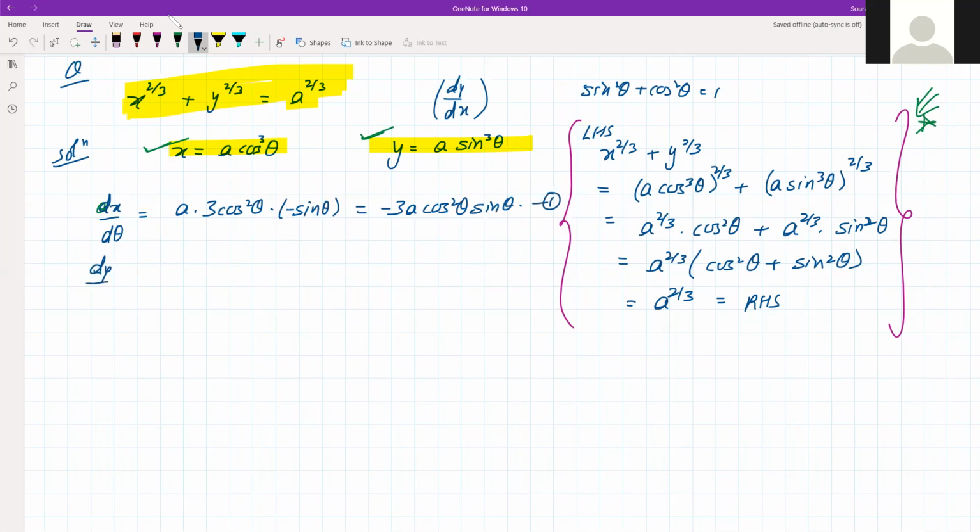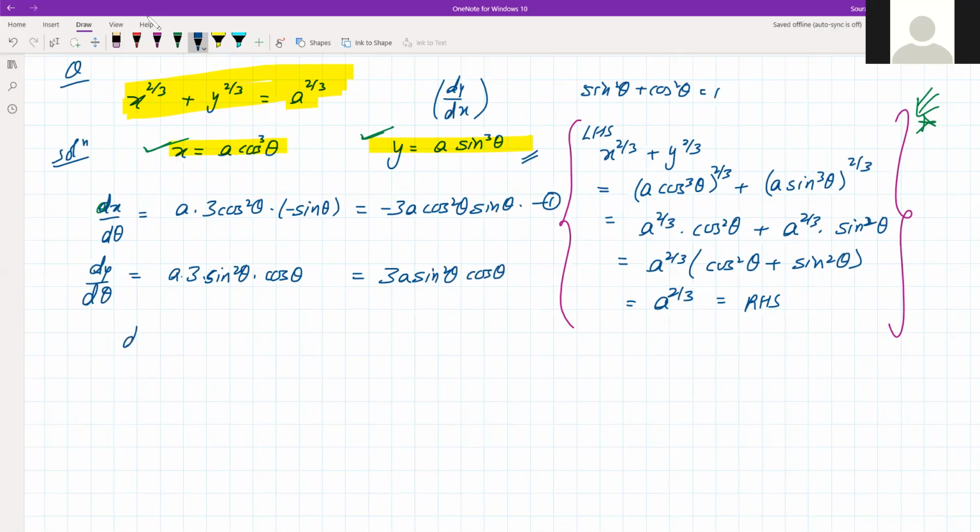In the same way I can find dy by d theta. With respect to theta we are differentiating y, because y is expressed in terms of theta. So this is a into 3 sine square theta, and sine theta's differentiation is cos theta, so this is 3a sine square theta cos theta.